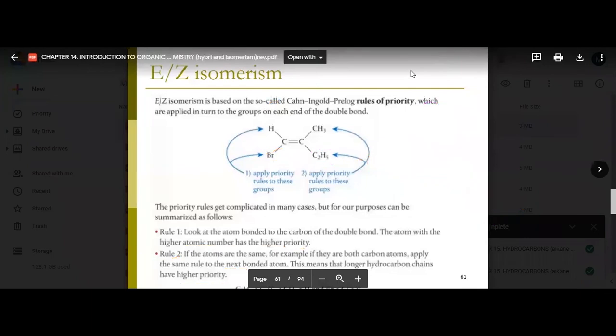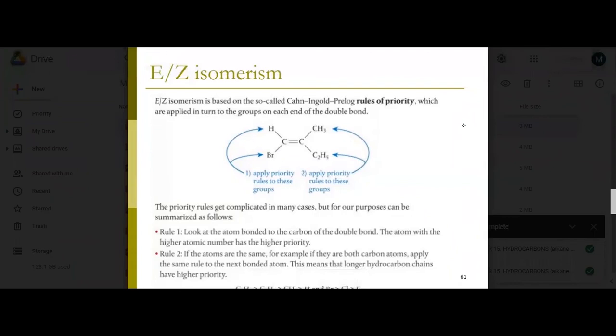Same as in the first video, I already told you how to name compounds. You can see this is an alkene, right? Please find the longest chain. This is the longest chain. Now give numbers: 1, 2, 3, 4.